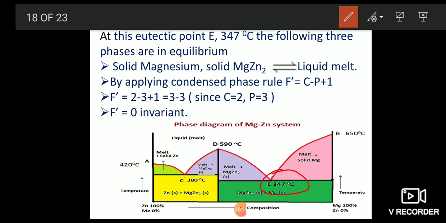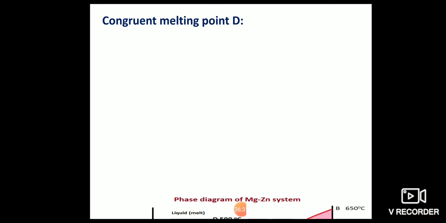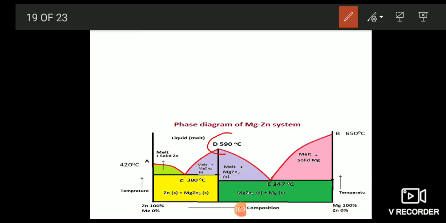We have seen the point C and the point E. Now in the next slide we shall see the main important point of this diagram, that is D. It is called the congruent melting point D. The corresponding temperature is 590 degrees Celsius, which is the melting point of the compound MgZn2.